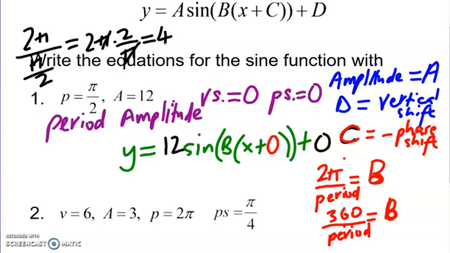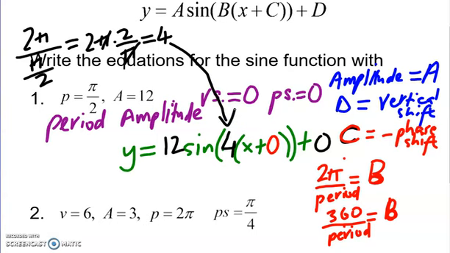So then my b value is 4, and that makes sense because basically what we're saying is it cycles through 4 times compared to your regular parent sine function. So I can replace this here with 4. So that is where that came from.